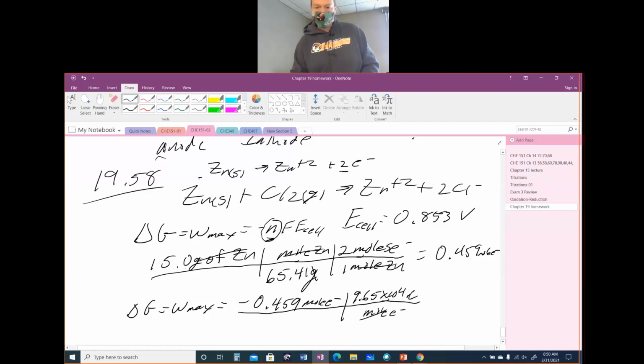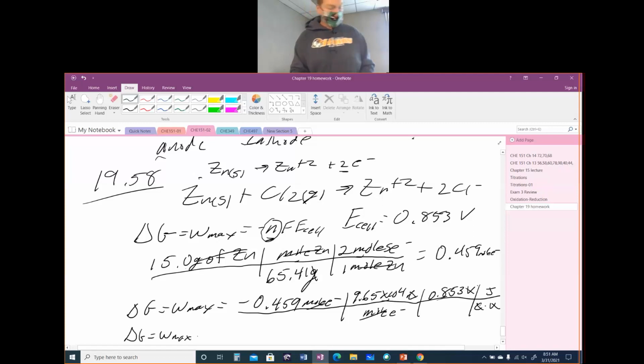So the moles of electrons cancel moles of electrons. And then they give us the 0.853 volts. And you can add another thing here, or you can just know that a joule is a coulomb times a volt. So that's what happens to the unit of coulomb and the unit of volt. It is a joule.